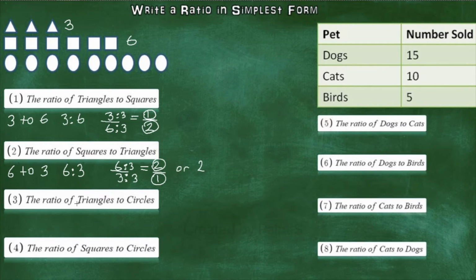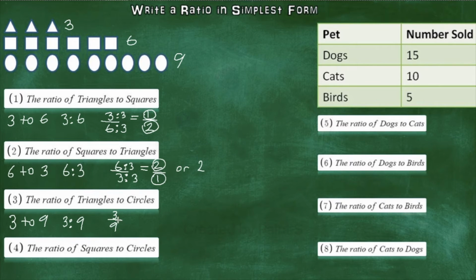Next one, the ratio of triangles to circles. We have 3 triangles, 3 to. Circles: we have 1, 2, 3, 4, 5, 6, 7, 8, 9. So 3 to 9. Since triangles come first, we write the number of triangles here, and the number of circles next. 3 to 9, or in another form, 3 over 9.